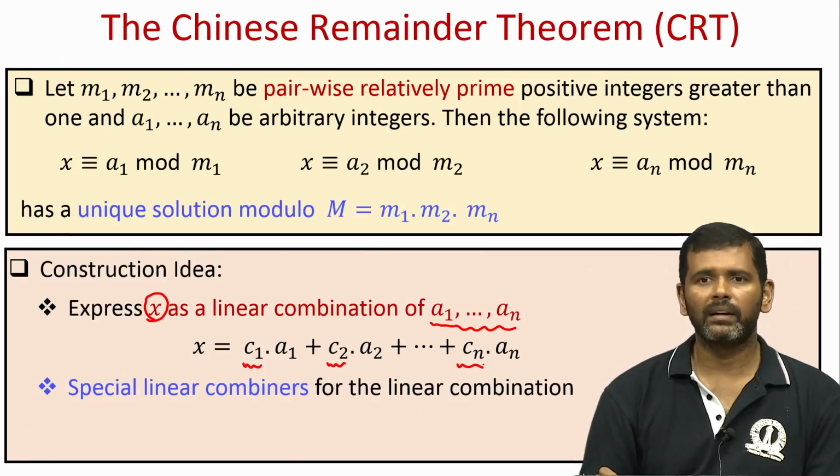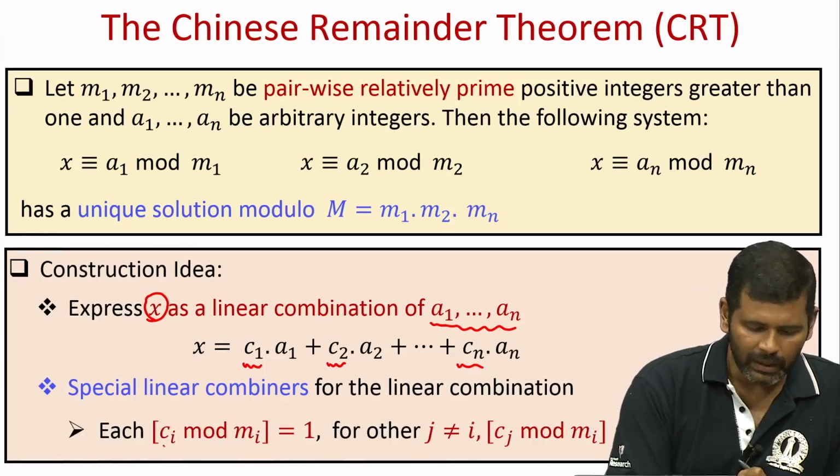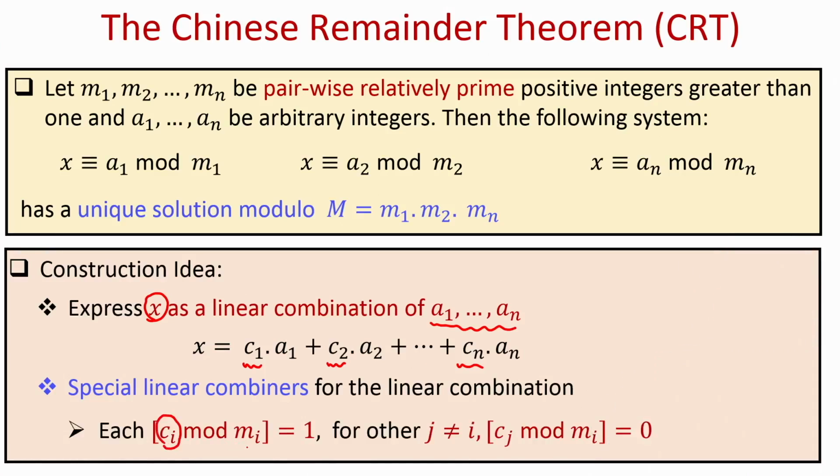These linear combiners will be special in the sense that if you take the ith combiner C i and reduce it modulo m i, namely the ith modulus, you will get 1, but if you take the ith combiner and reduce it modulo any other modulus, you will get 0.